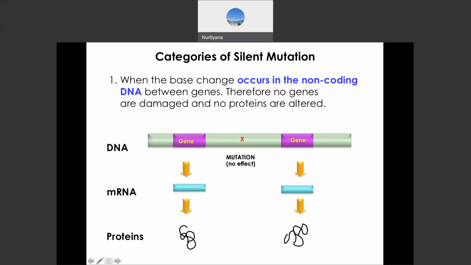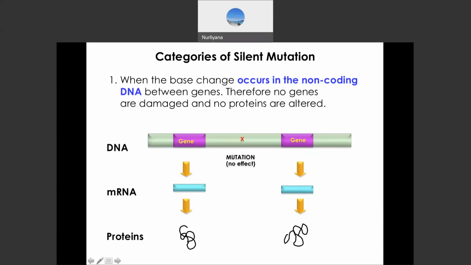So the bases that involve alteration are not at your desired genes. Because of this, your DNA will transcribe and translate protein as usual.